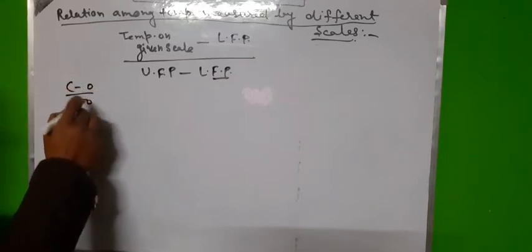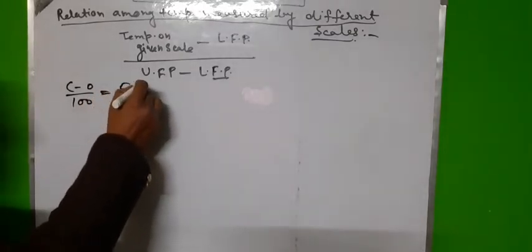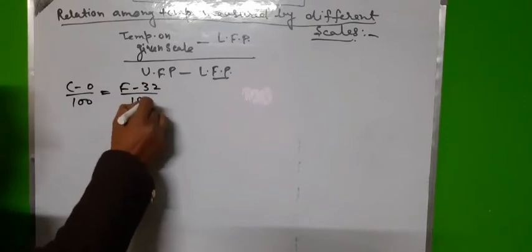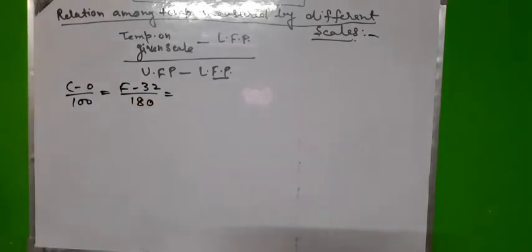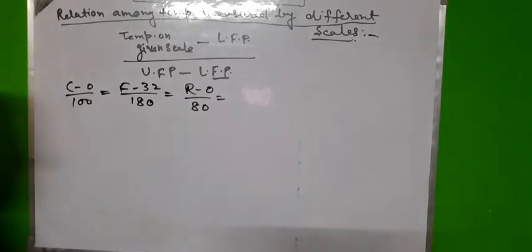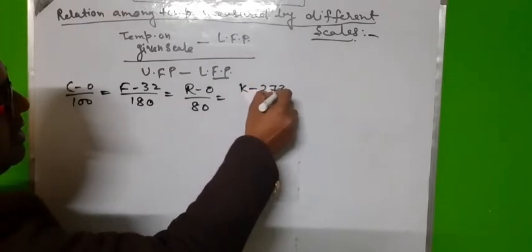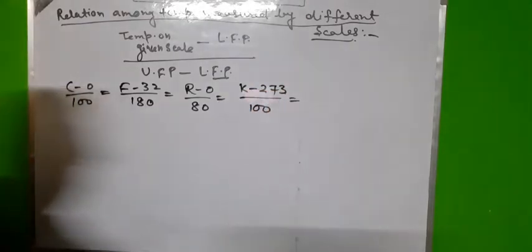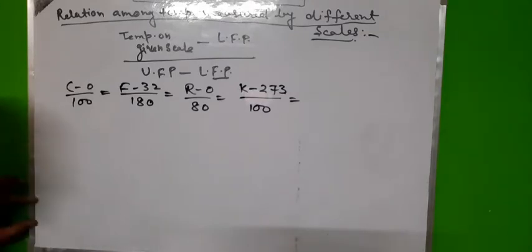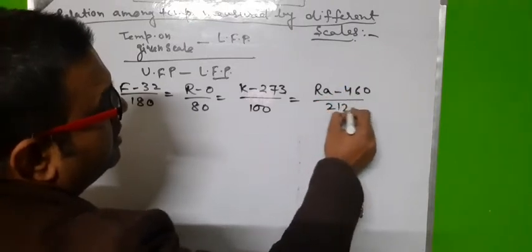So look at here, there is a correlation or formula: C minus 0 upon 100 is equal to F minus 32 upon 180, which is equal to R minus 0 upon 80, which is equal to K minus 273 upon 100, and it is equal to Ra minus 460 upon 212.